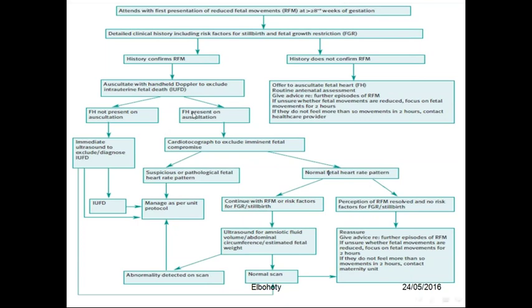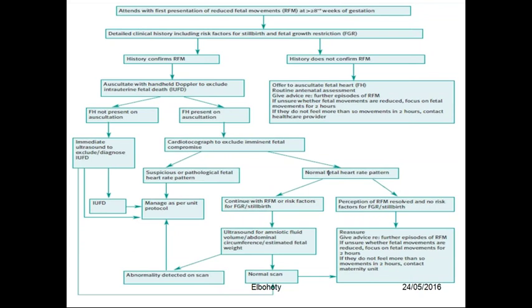If the fetal heart rate is auscultated, you need to do CTG, and according to the CTG, if there is a suspicious or pathological trace, most probably you need to deliver her. If it's normal, then according to the presence of IUGR risk factors or stillbirth risk factors, if present, you need to do ultrasound.